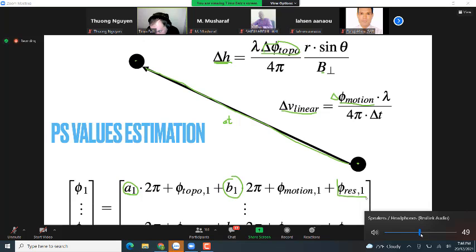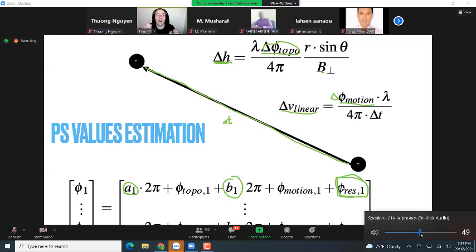The atmospheric phase is in the residual, the part left unsolved, and that residual has to be much less than 2 pi. If that is the case, then we can solve.